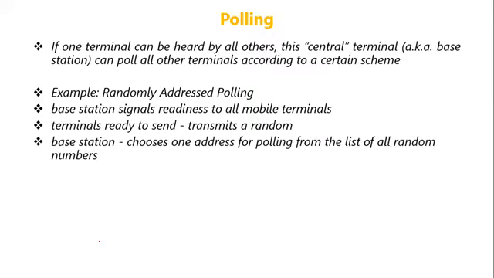And the base station chooses one address for polling from the list of all random numbers. All the terminals will send a random number, and this random number represents the address of that particular terminal.